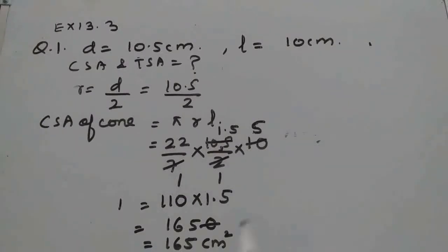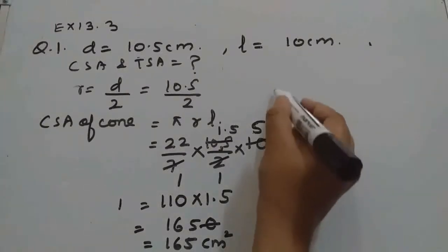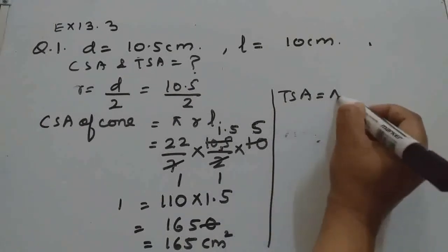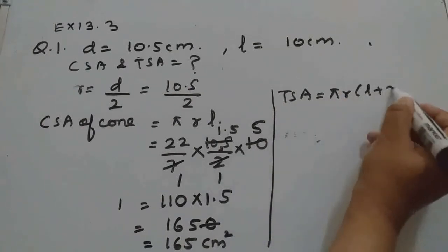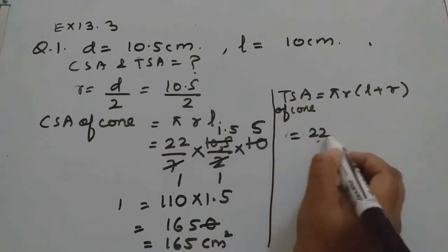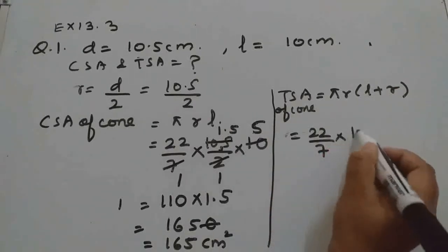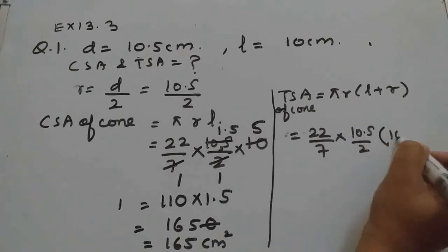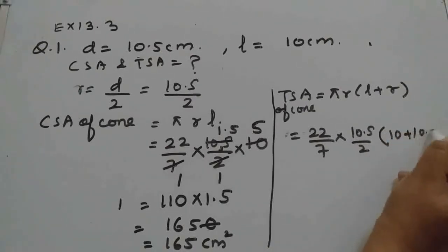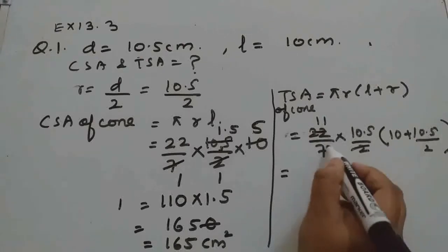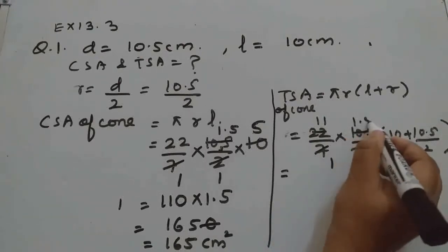So this is CSA. For TSA, the formula is pi r into L plus r, TSA of cone. So 22 by 7, 10.5 by 2, L plus r means 10 plus 10.5 by 2. So here also this will go with 11, 7 and 1.5.